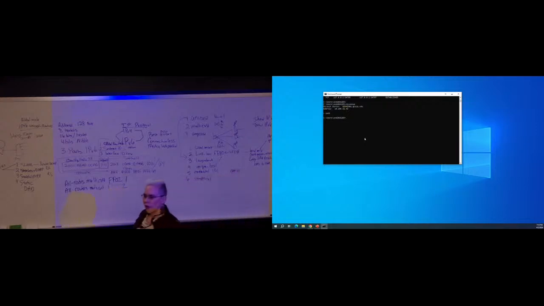Now, the link local address, the FE80, what can I also use that for when it's on the interface of a router? Yes, it could be used as a default gateway. Here's another difference between IPv4 and IPv6. Going back to what Matt said, every IPv6 enabled device generates its own link local address.